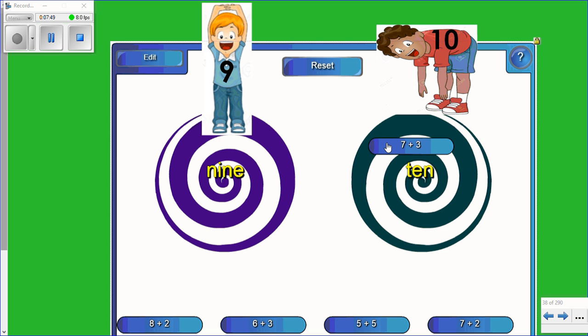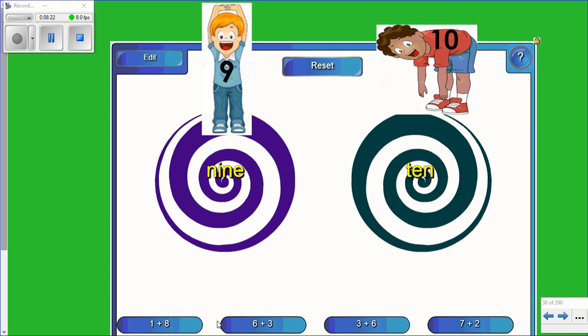Bending down for 10. Ready? 8 plus 2. Bending down for 10. Ready? 5 plus 5. Bending down for 10.